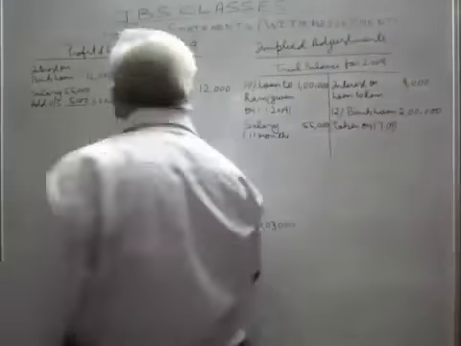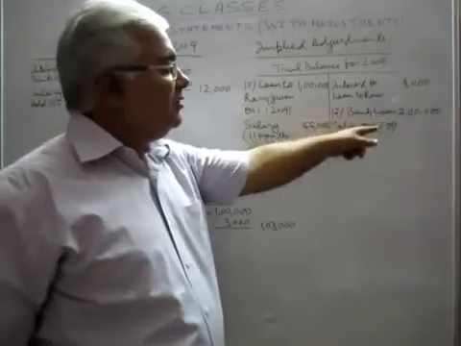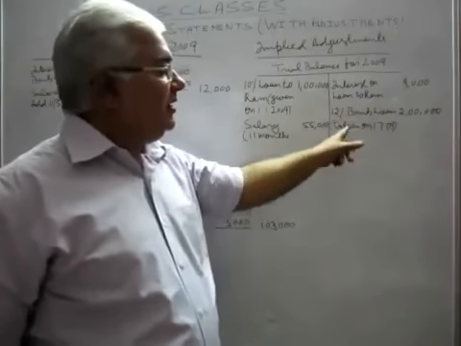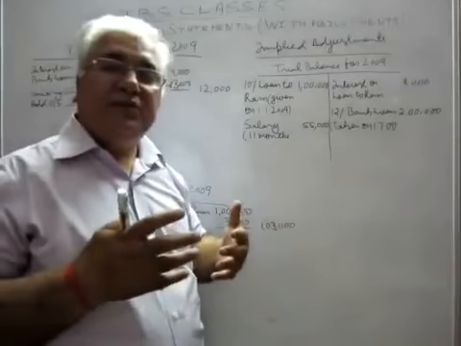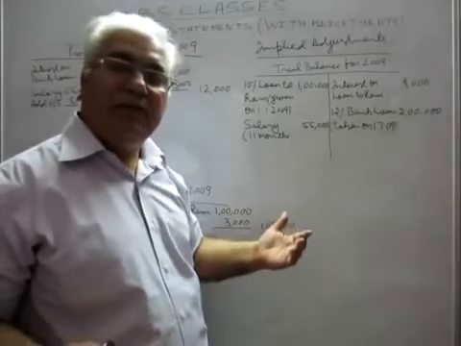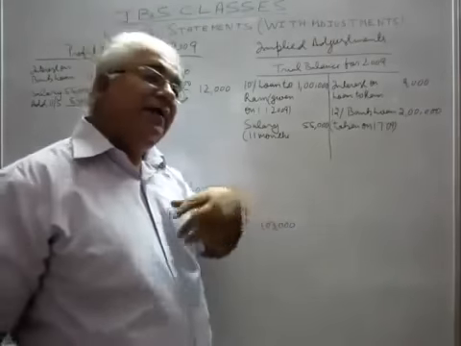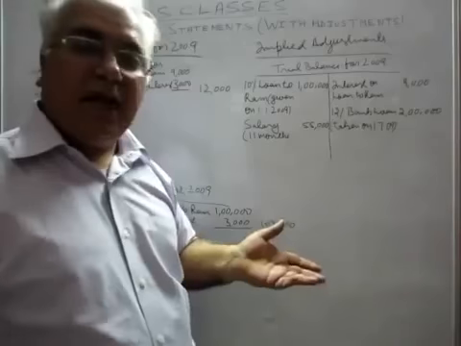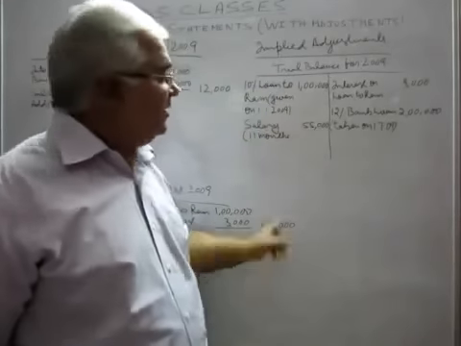For example, in this trial balance, 12% bank loan of rupees 2 lakh taken on 1/7/09. That means on rupees 2 lakhs at the rate of 12%, for 6 months we have to pay interest, which comes to 12,000. And if we have made the payment, then naturally that payment must appear on the debit side of the trial balance.